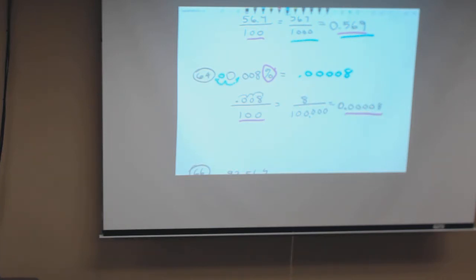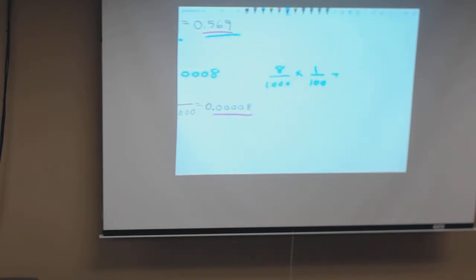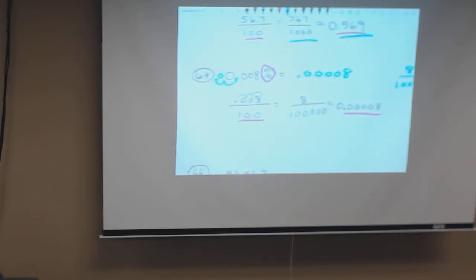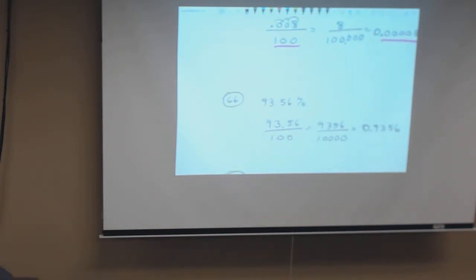That would be like taking 8 thousandths of, and of means times, 100th, and that would give you what? 8 over 1 with 5 zeros, which is 8 over 100,000. My friends, the fractions, help me see what's going on.